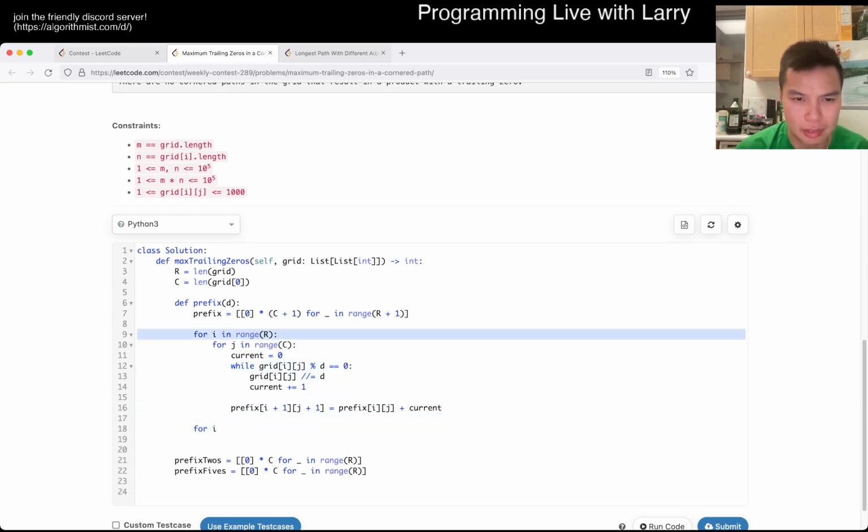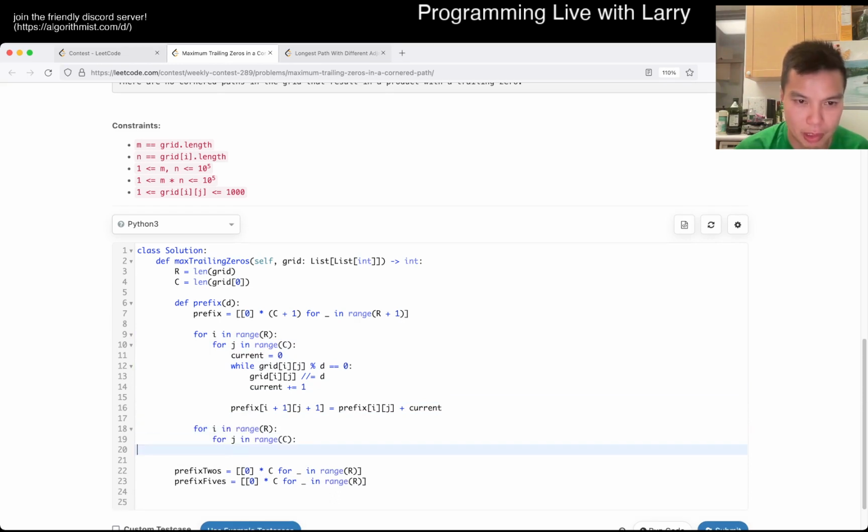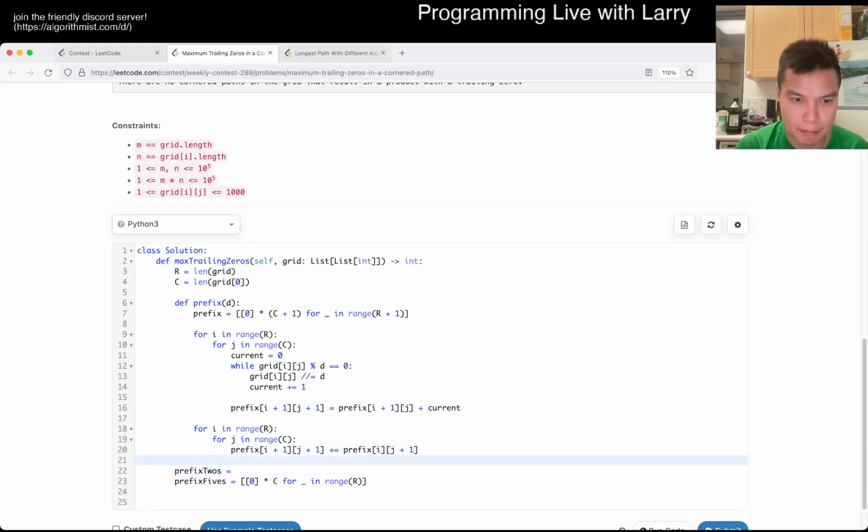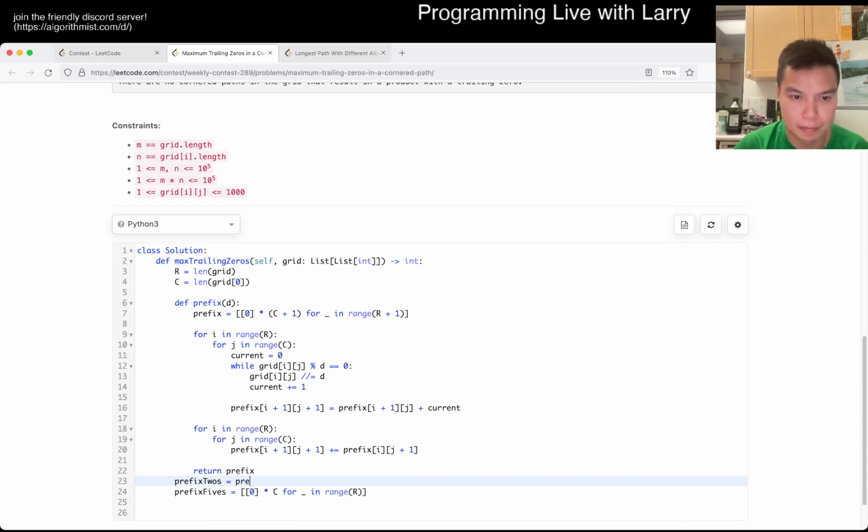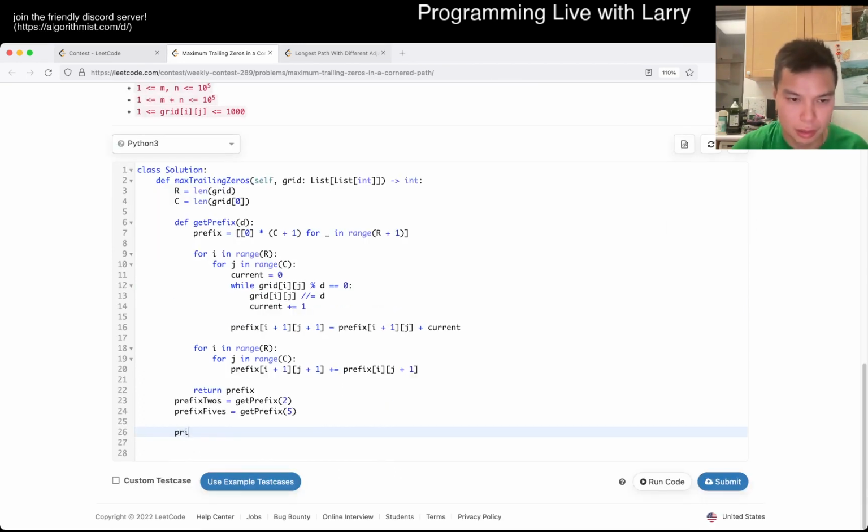I always do it this way. I feel like I don't remember 2D prefix sum very well. This is not right. Okay. Let's print them out real quick just to see.